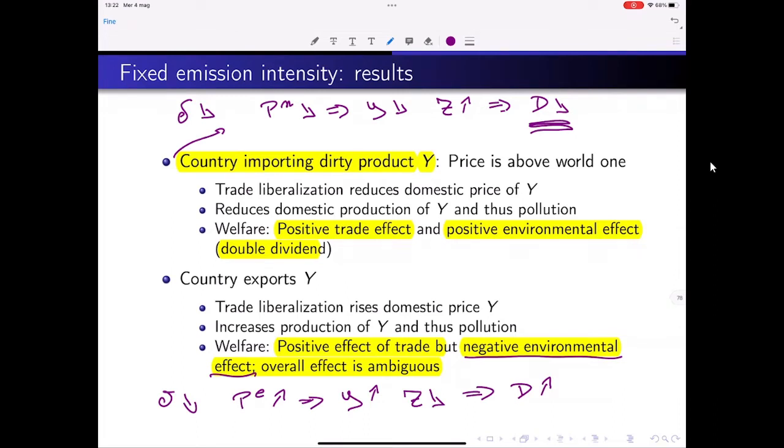In particular, if the taxes are set in a correct way, shadowing exactly the environmental cost of pollution, then in terms of welfare this second negative effect is eliminated. That is to say, if taxes are set in an optimal way, then you do not have a negative environmental effect. But if you are short of the optimum, then you will have the negative environmental effect.